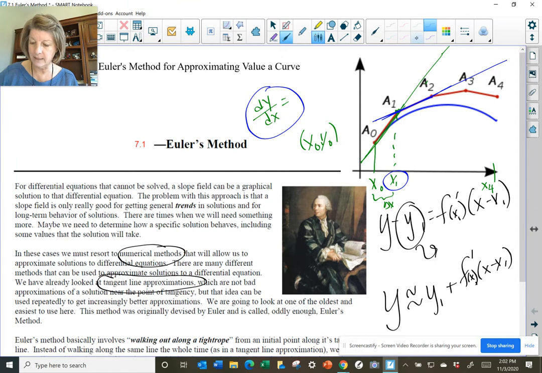But maybe I continue to upgrade, let's get an x sub 2 down here, upgrade this tangent line as I move out. And so at x sub 2, I get a new slope. It's even getting better out here at x sub 4, right? And then maybe I do it one more time where I get x sub 3 and I upgrade that tangent line one more time.